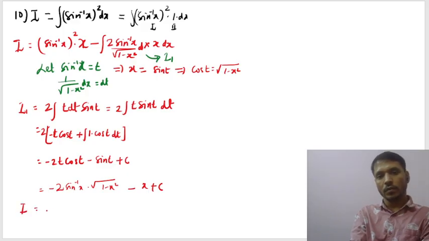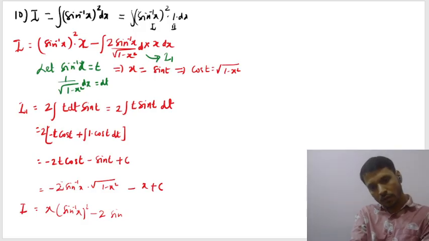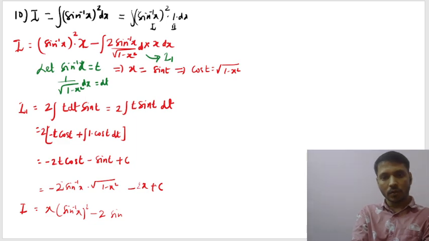So finally I will be equal to x sine inverse x whole square minus 2 sine inverse x. Actually, this 2 will be multiplied here, and it will multiply with the constant also, but that doesn't matter.